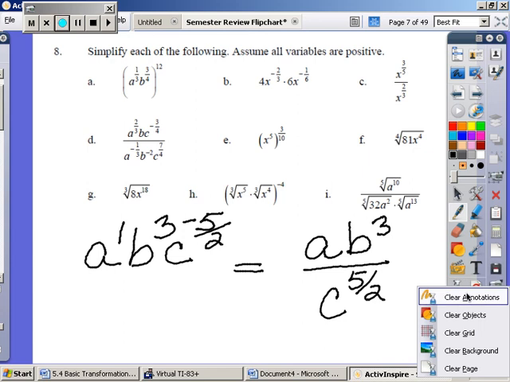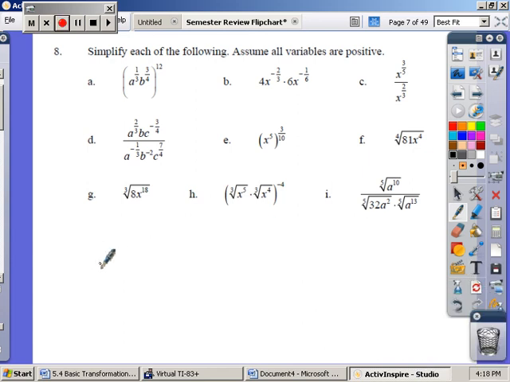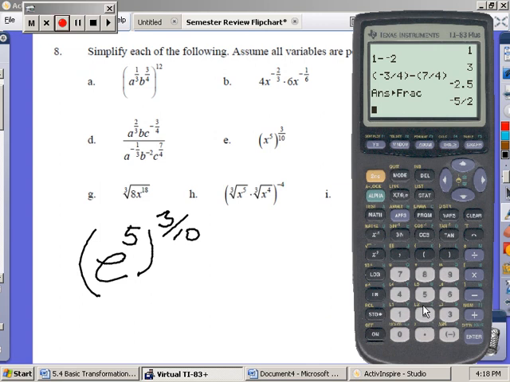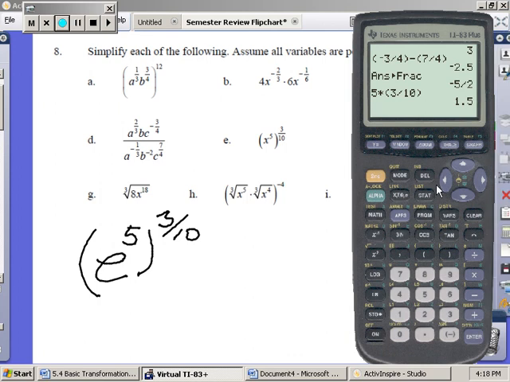Next problem, letter E. x to the 5th to the 3/10. Multiply 5 times parentheses 3 divided by 10 parentheses, enter, you get 1.5.